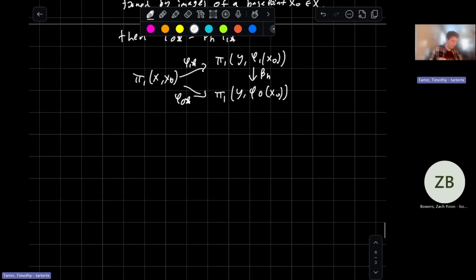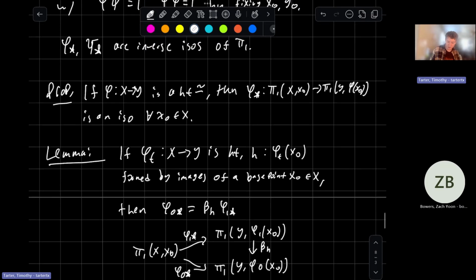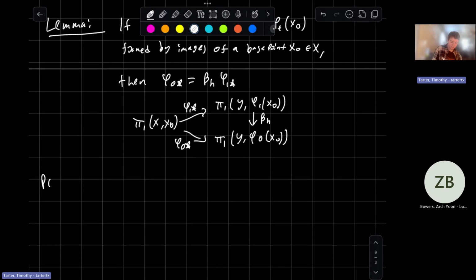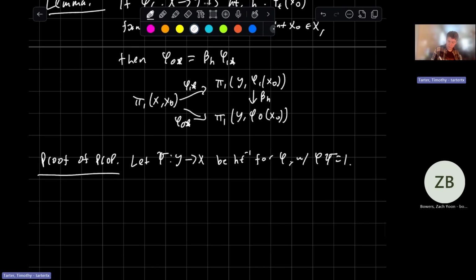So to prove the above proposition, that the induced homomorphism is an isomorphism for every base point, let psi from Y to X be a homotopy inverse for phi, with phi psi equal to 1 and psi phi equal to 1.